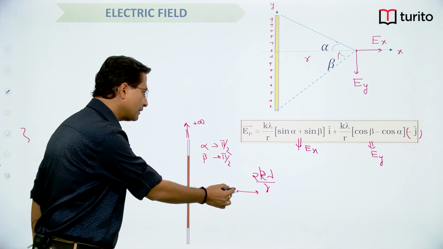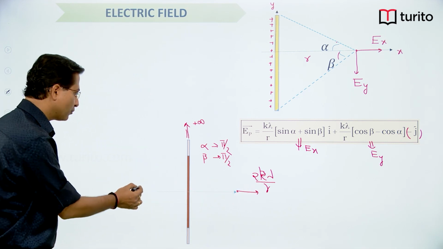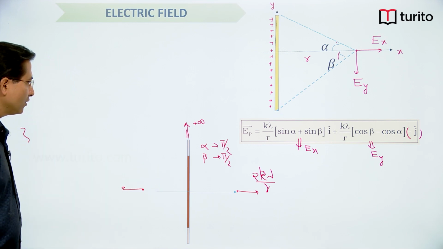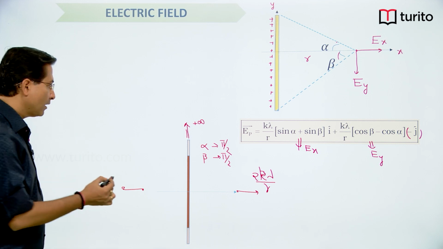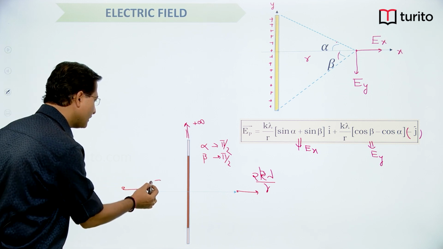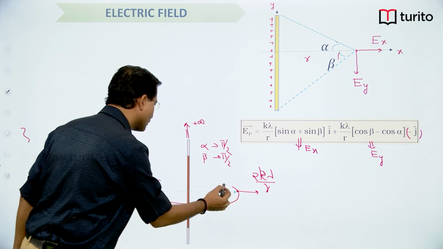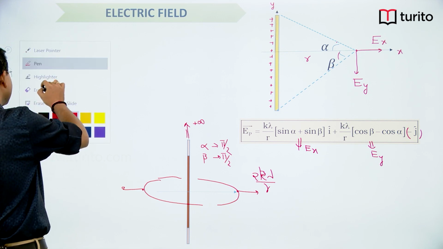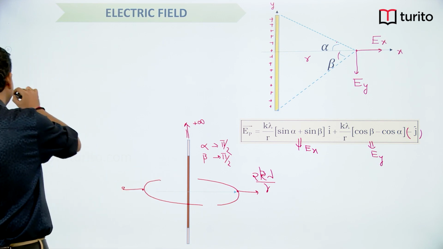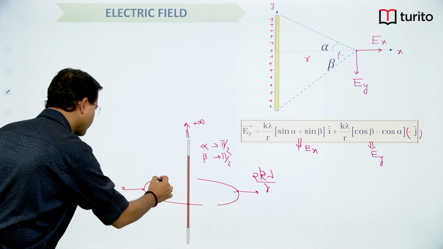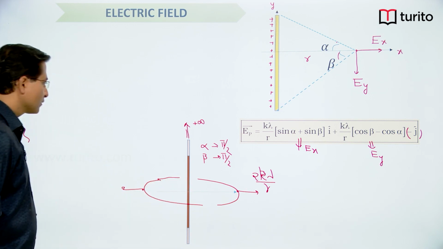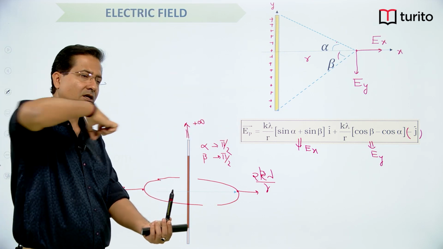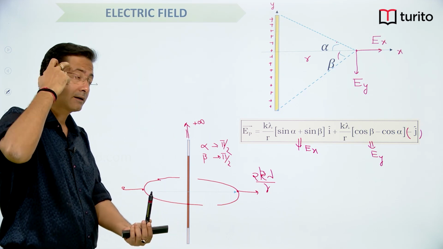That means for this particular point it is in this direction, and for this particular point somewhere here it will be in this direction. So if I redraw, or if I take a circle around it whose center is at the wire, visualize the situation like we have got an infinite wire and around it I have taken a circle whose center is on the wire, right.